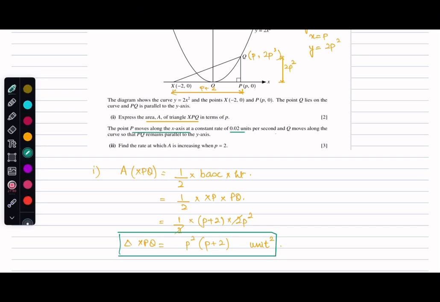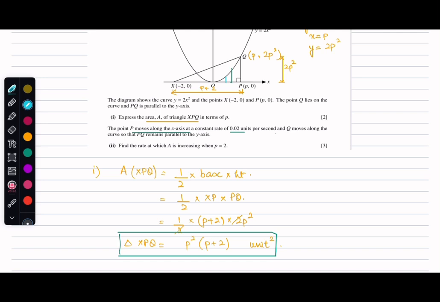This means that as P is moving along the x-axis, Q shall also be moving along the curve so that at all points Q is parallel to the y-axis, meaning if P moves along the x-axis, then Q has to be just on top of it, parallel to the y-axis.